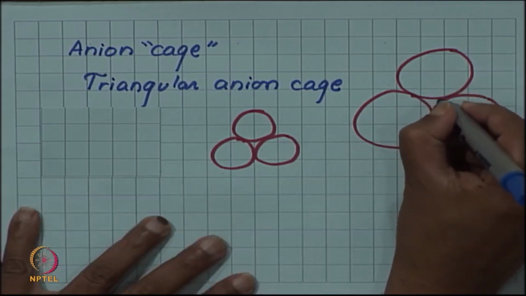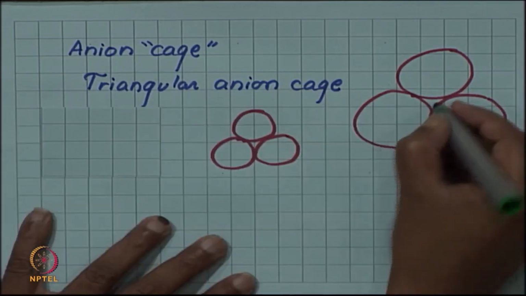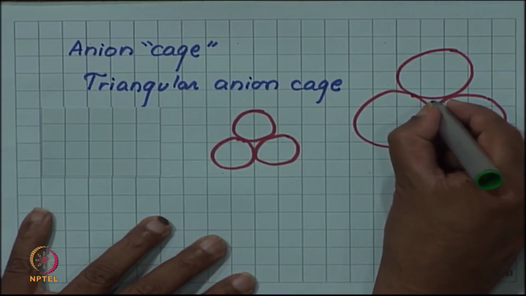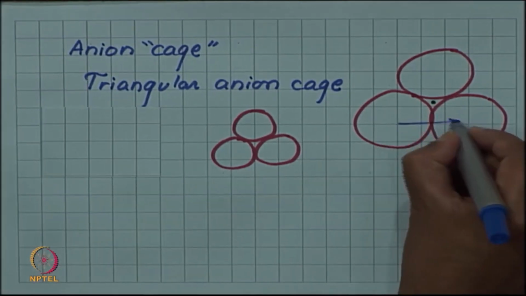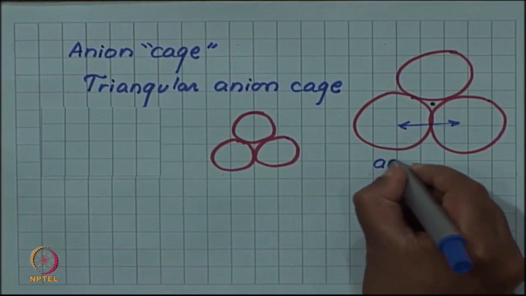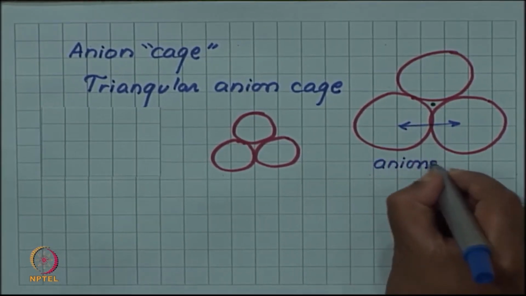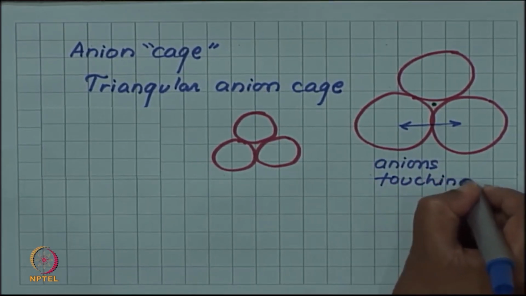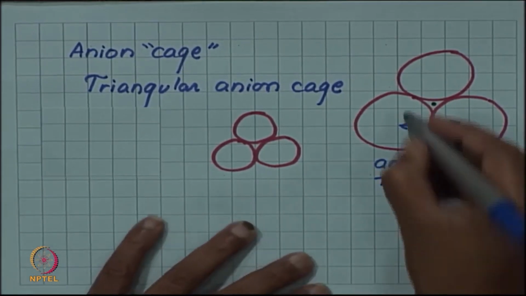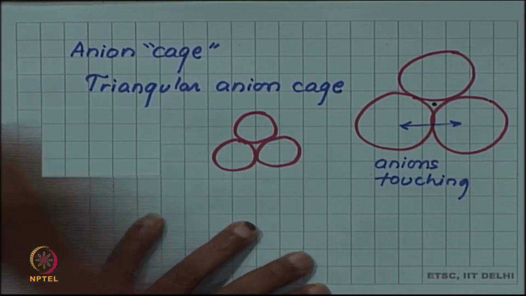And let me introduce a very small cation there. So, you can see anions are touching, whereas cation and anion are not touching.